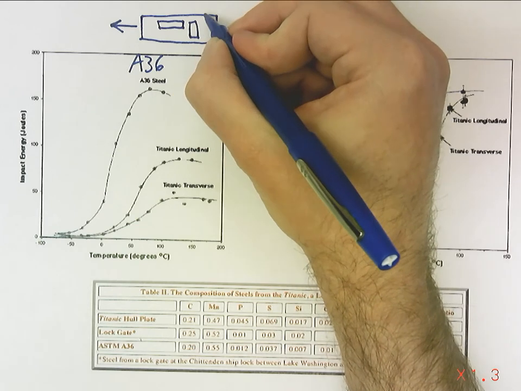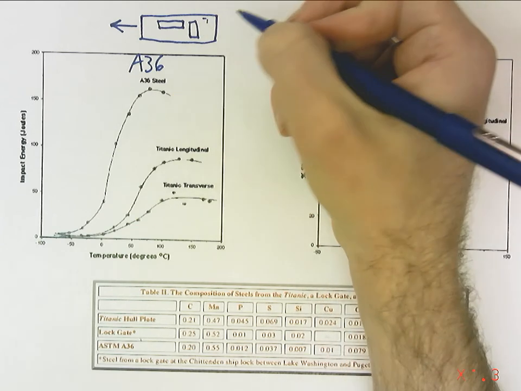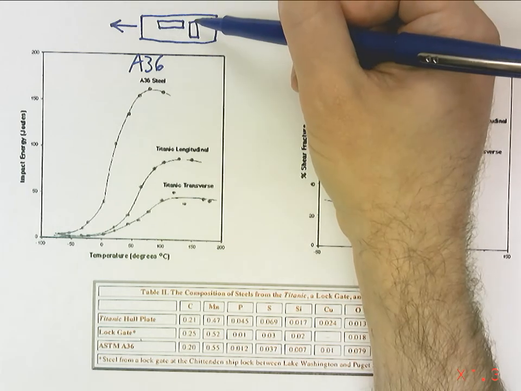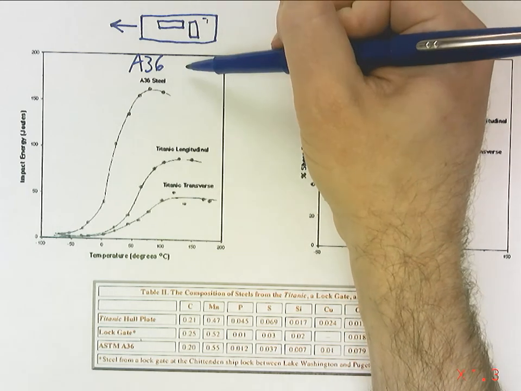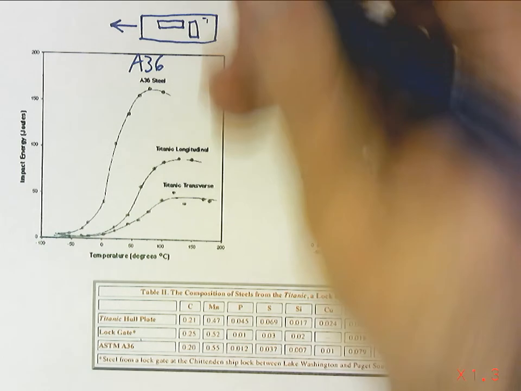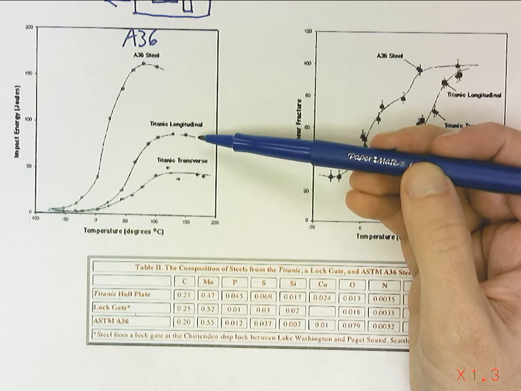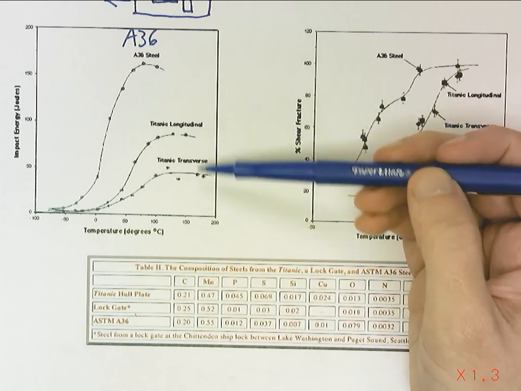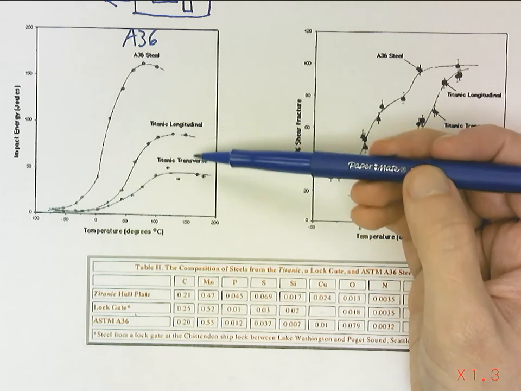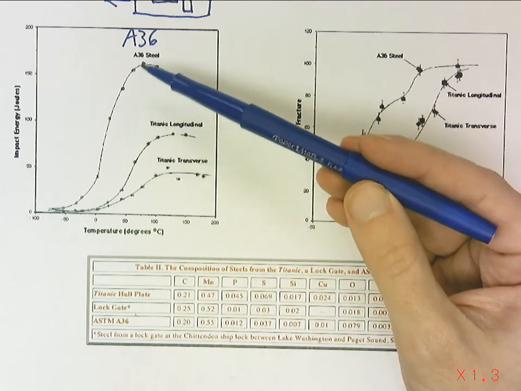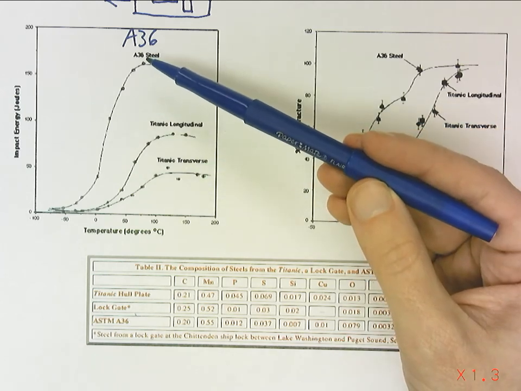These would be very, very tiny compared to the overall structure. But it's about the direction. Are we parallel or perpendicular to the direction that this plate was rolled in? So you do get different properties, but even in the best case scenario, the toughness of the Titanic steel compared to our steel, not very good.